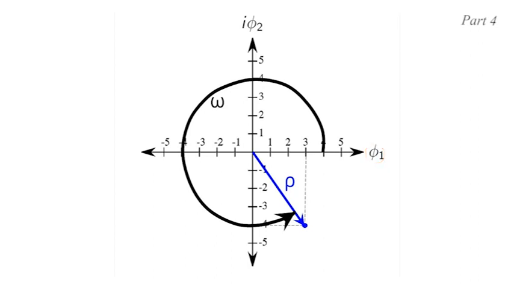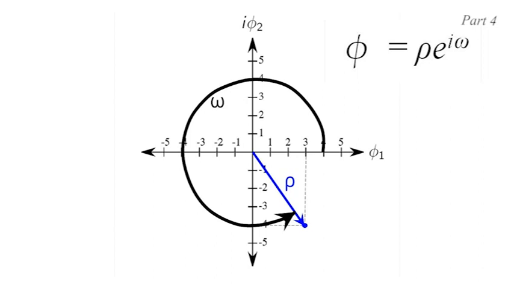We would then say that the field phi at that point is given by rho times e to the i omega. In this diagram, rho, the radius, would be 5, and omega here would have to be around 307 degrees or 1.7 pi.